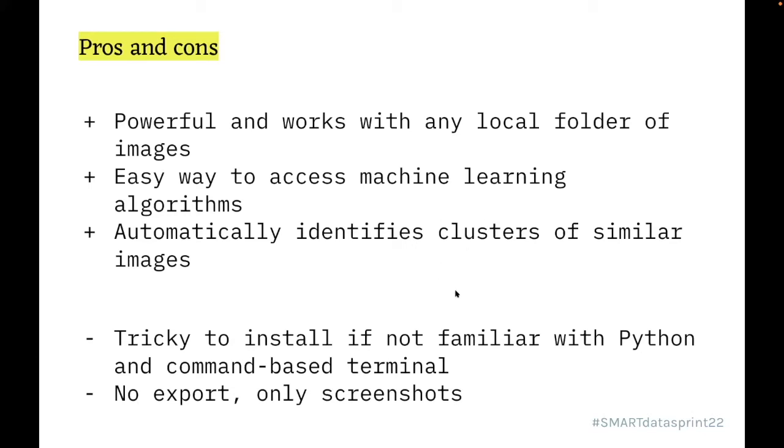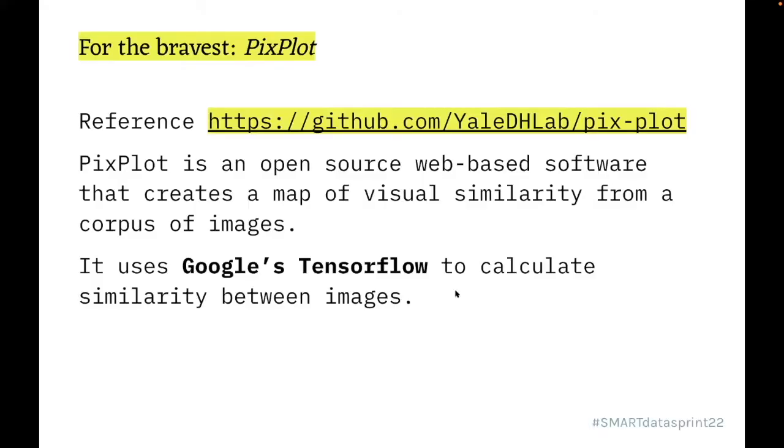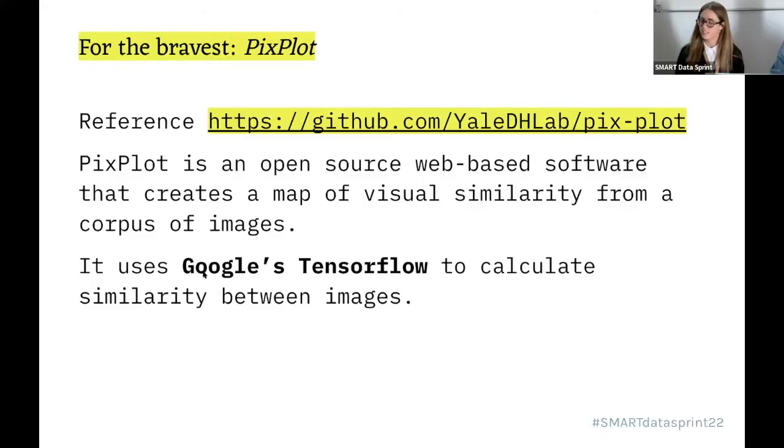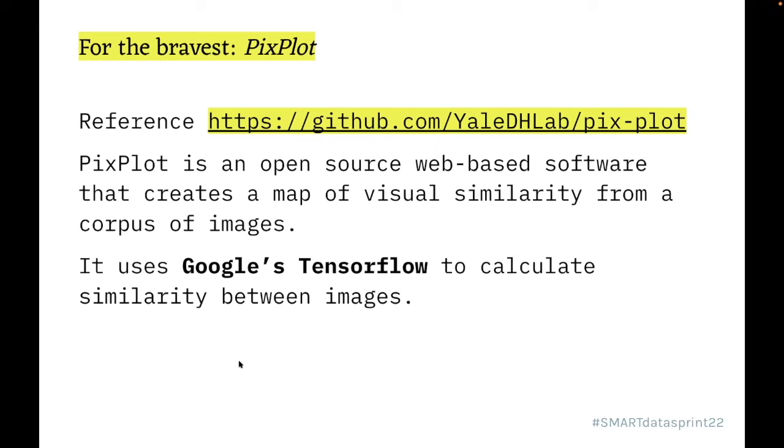There was some echo or something, I couldn't hear. It uses Google's TensorFlow to calculate what's inside each picture, and then it clusters depending on the similarity. We are going to see it together, so maybe you can understand better what I'm saying. But it uses Google's TensorFlow.